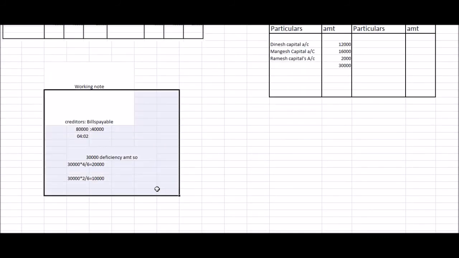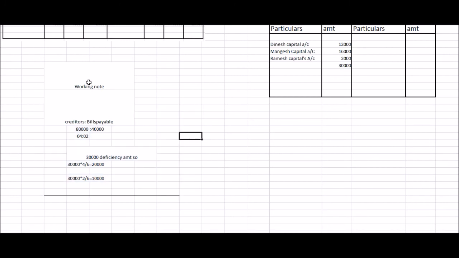So I'll show you the working note. In this working note, creditors amount is 80,000, bills payable amount is 40,000 rupees. So this is a 4:2 ratio, and we'll distribute to both. Creditors and bills payable are not able to pay fully. They have 30,000 rupees deficiency.